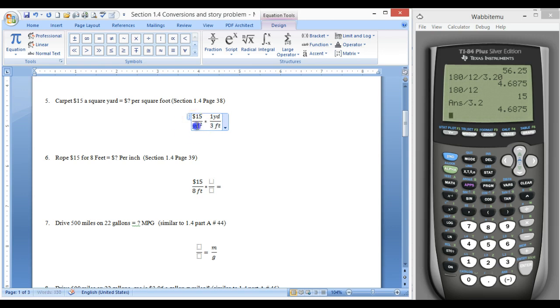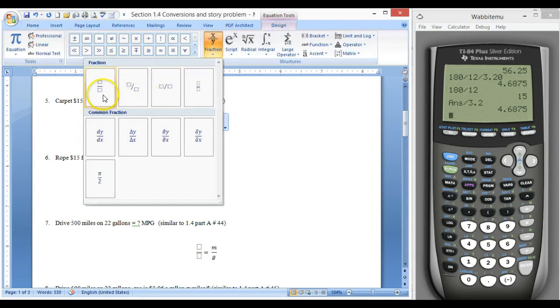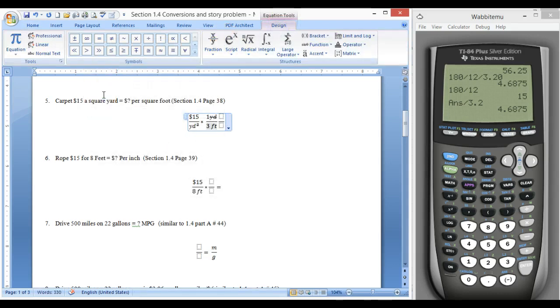So far I've crossed out one of these, but wait, we just talked about how yard squared is 2 yards multiplied together, and I have only canceled out one of those. So I need to multiply it yet again by another unit conversion. Oops, need to put a multiplication sign. Multiply by another yard over 3 feet.